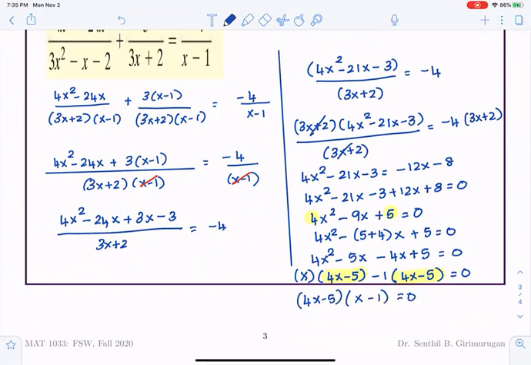So I have two factors, and I multiply two factors. I get 0, which would imply that each of them could equal 0. So 4x minus 5 is equal to 0. X minus 1 is equal to 0. The first factor, if I move the negative 5 to the other side, it would become positive 5.